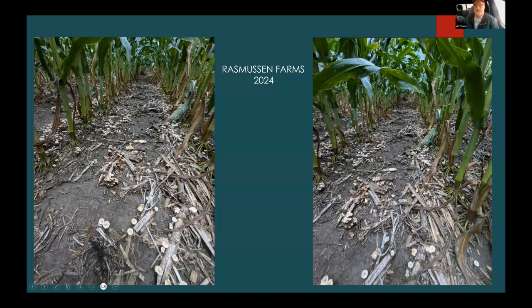So he sent me this picture last spring to show me the mushrooms that are growing on residue. This is a no-till farmer, and so it's really cool to see that residue getting broken down by these colonies. And these are all plant available nutrients. So these nutrients coming from a previous growing plant are readily available if they're dissolved and digested for the next crop.